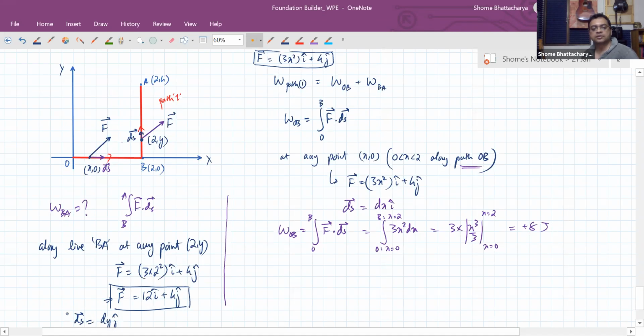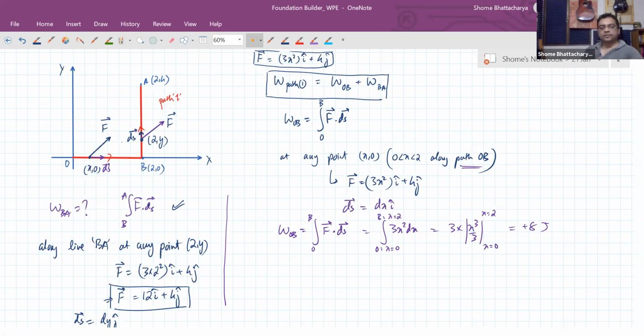There's no dx this time. We will substitute these two and calculate the work done from B to A. Then that will give us the net work done in path number 1, going from O to B and then from B to A. So just substitute these and calculate the net value now. Try out the second integration yourself. The first one I've already done for you. So write this down and then work out this W_BA. See how much you're getting in joules.